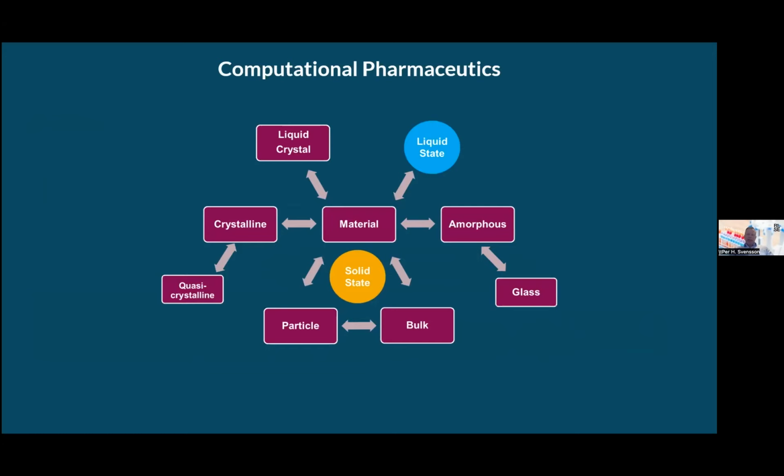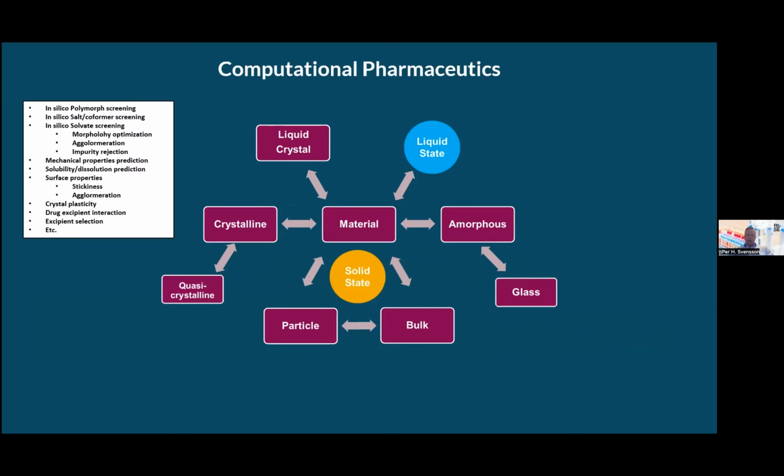Here we have a basic overview of the computational pharmaceutics operational landscape. It covers everything from liquid crystal to bulk systems, where the solid state system dominates. If we look into the crystalline system, there is a vast amount of computational support in many areas, including a range of in silico screening methods.